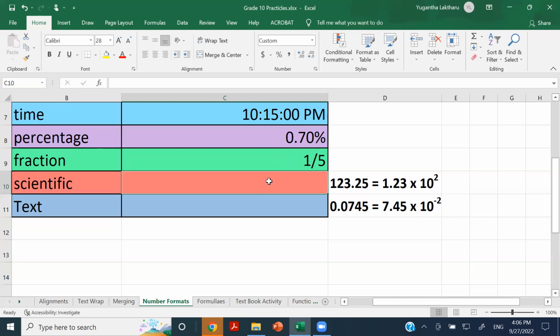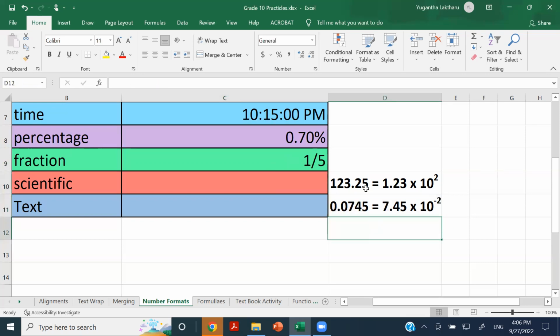And the scientific one, I have shown you 2 examples for the scientific notation mathematically. So when it says 123.25, I can write it like 1.23 times 10 to the power 2. It is because this decimal point has jumped 2 decimal places.